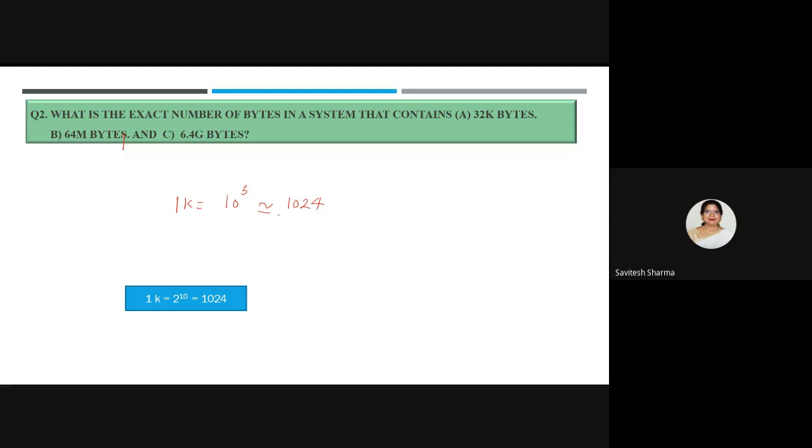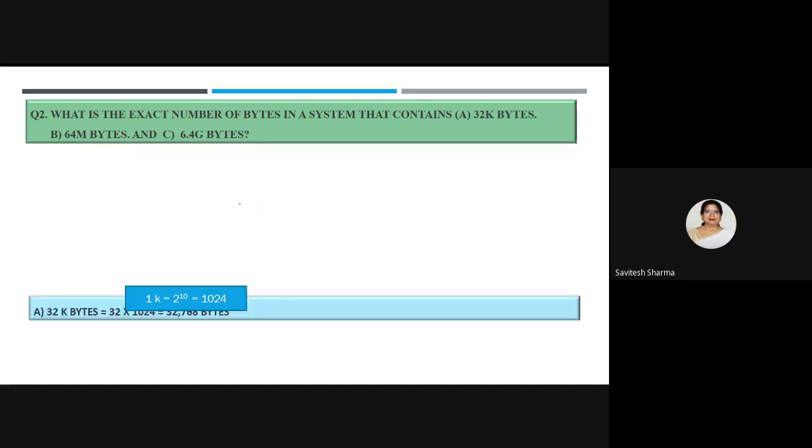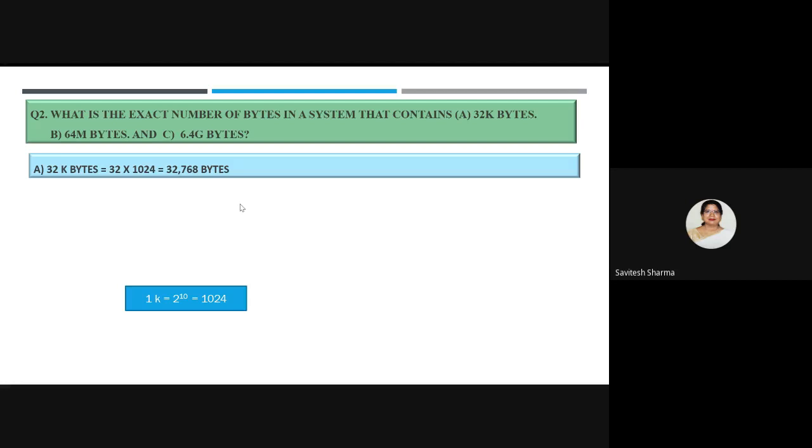So please keep in mind that in binary, 1 kilo is actually 2 to the power 10, and it is equivalent to 1024. If you know that, then you can easily calculate the exact number of bytes. So to calculate 32 kilobytes, you directly multiply by 1024, and the answer will be 32,768.